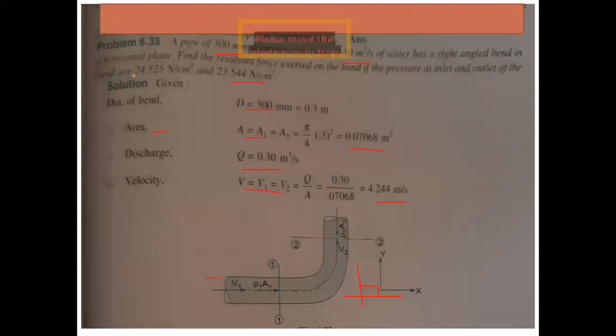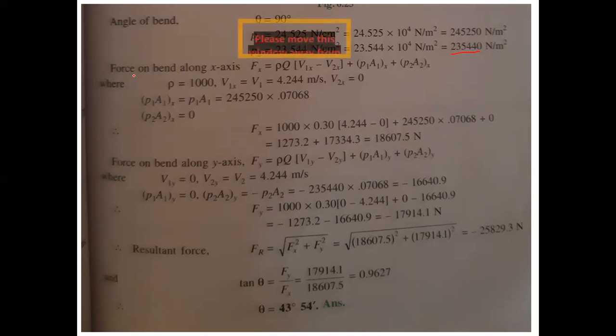Now the force acting in the x direction. What are the forces acting in the x direction here? F of x is equal to rho Q into the change in velocity, plus p1a1 plus p2a2. This is the formula for the pipe bend, which we already derived. Here rho is equal to 1000, v1x is 4.244 which we already derived, and v2x is equal to 0.